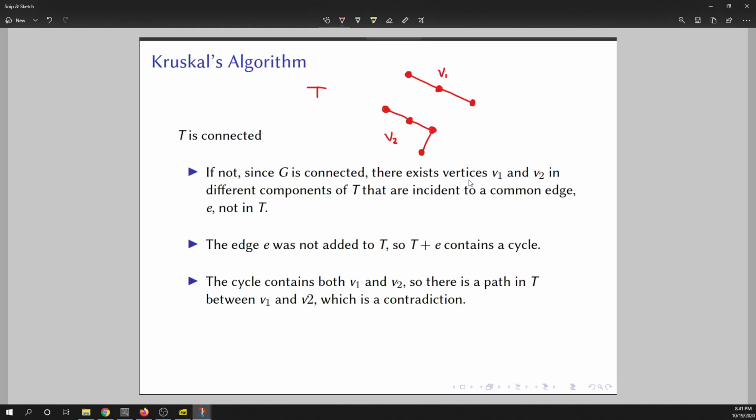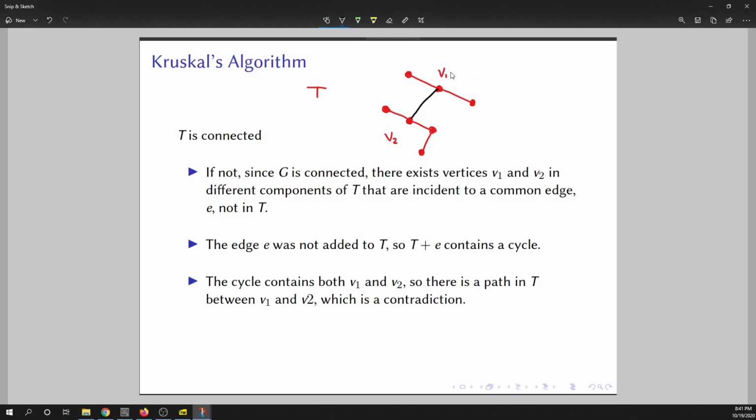So what you end up with is these 2 vertices V1, V2 that are in different components of T, but that are incident to a common edge that's in G. Remember, G is connected. So that means there is a path between any 2 vertices. Okay.